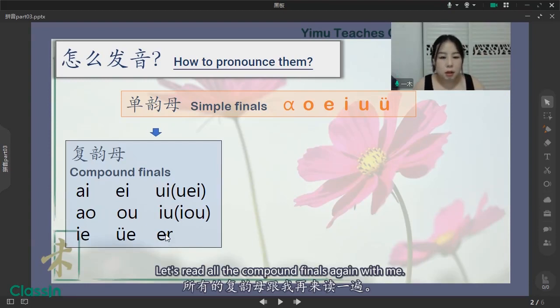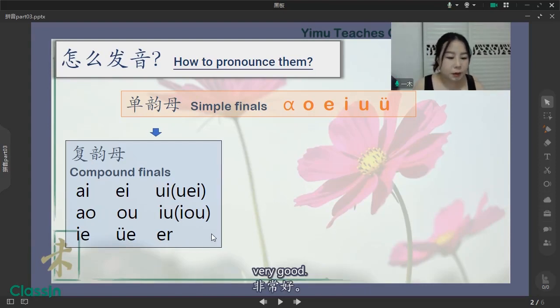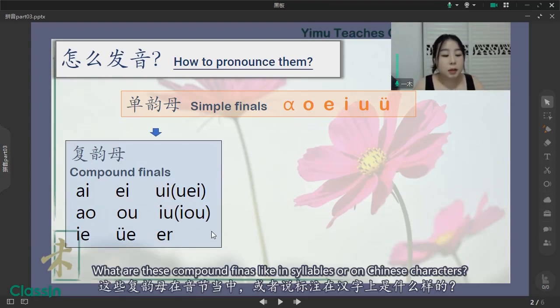Let's read all the compound finals. Ai, ei, ui, ao, ou, iu, ie, üe, er. Very good. What are these compound finals like in syllables or on Chinese characters?